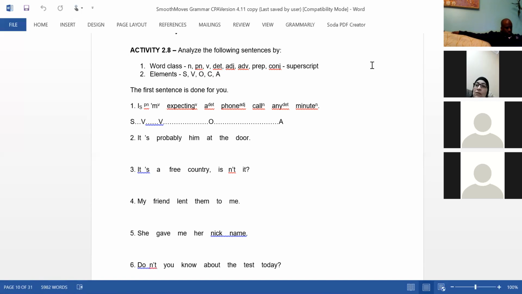Is, verb. Not, adverb. It, pronoun. It is a subject. The apostrophe S is the verb. A free country together is the object. Isn't it is a tag question.